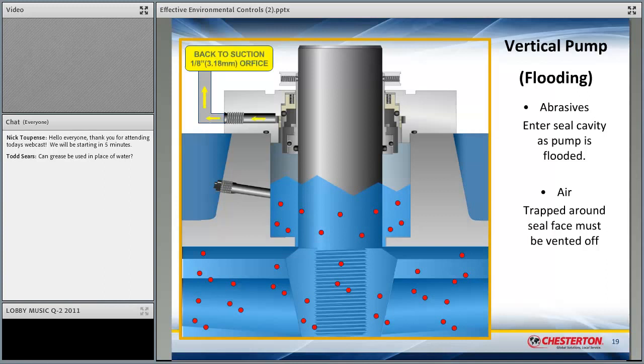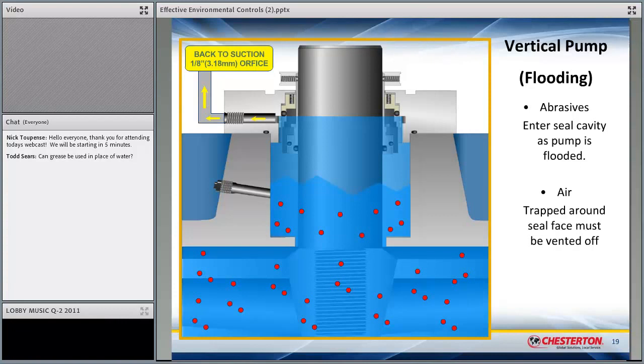So what we want to do is vent that air utilizing the Plan 13 back to suction of the pump or to the sump of the pump itself. So we allow water to rise, the fluid to rise within the seal chamber, so the seal is now running in a wet environment and we're getting seal face lubrication.